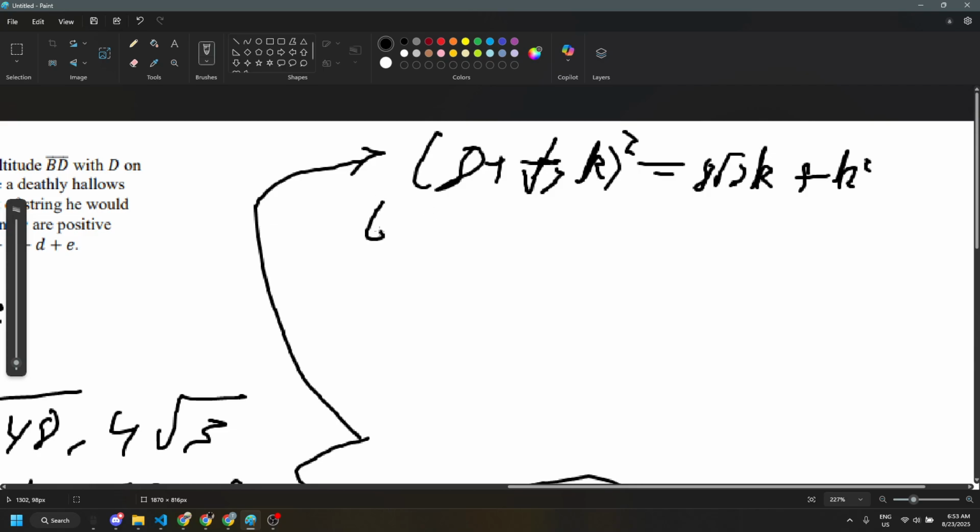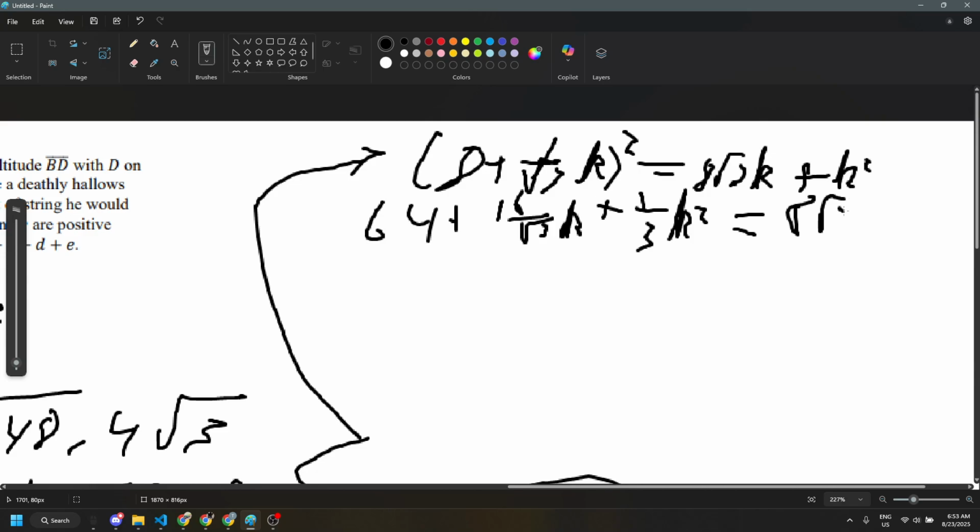So here we have 64 plus 16 over root 3 k plus 1 over 3 k squared is equal to 8 root 3 k plus k squared. Okay.